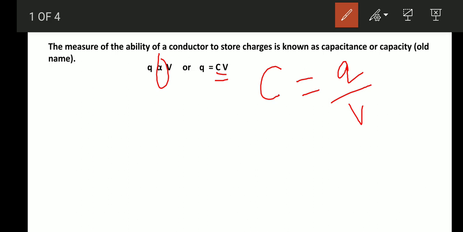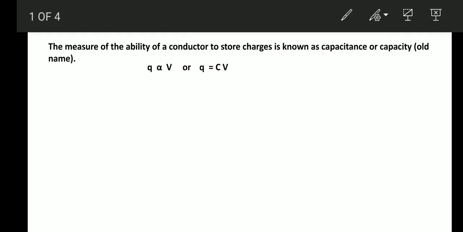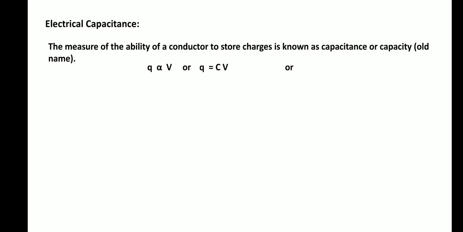The SI unit for capacitance of the conductor, we'll study later. If the potential difference between the ends of the conductor is 1 volt, then the capacitance of the conductor is equal to the charge in the conductor.